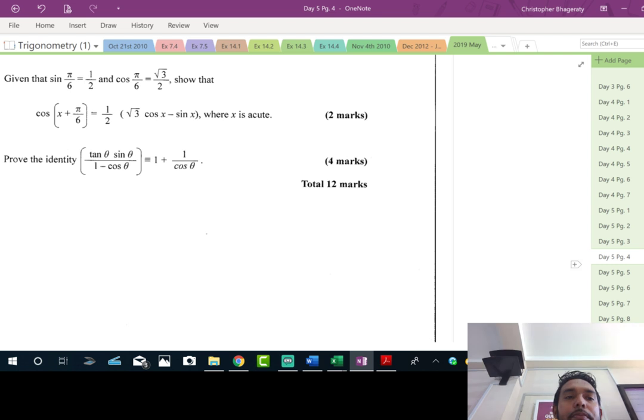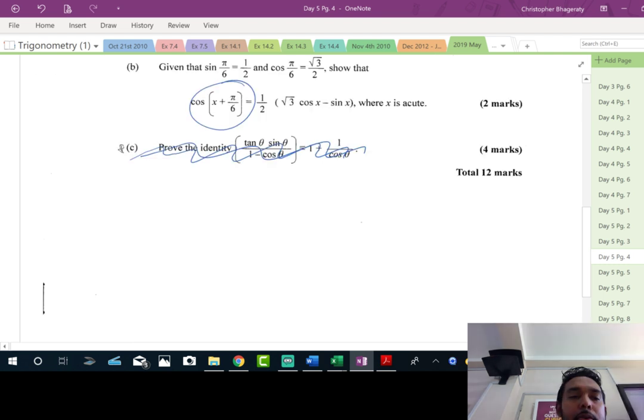Okay, all right, so we have to expand this. Let me do it across here. We can ignore that; we'll come back to that another time. Let me see if I can get something resembling legible writing. All right, cos of x plus pi over 6.